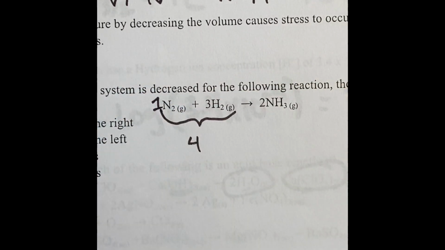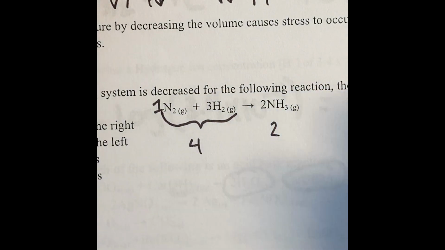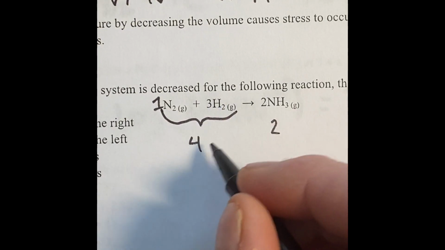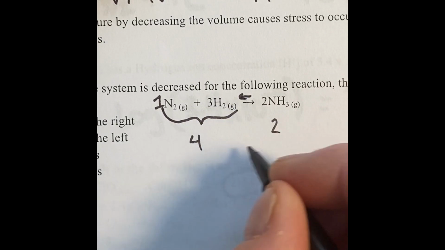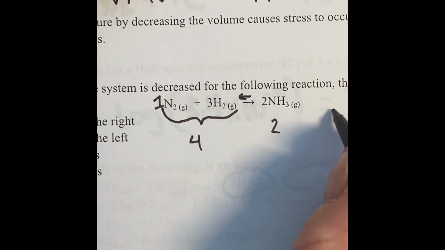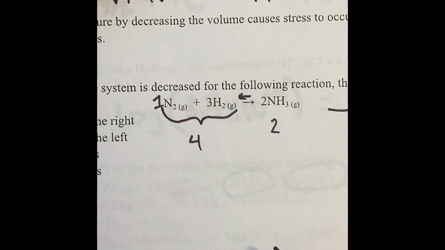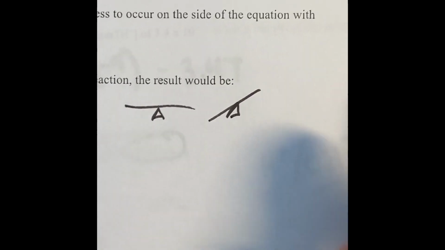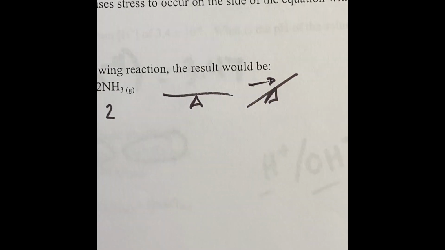There's a 1 in front of that N2, and over here we only have 2. So if we were to increase the pressure where this reversible reaction is taking place, we would stress the side with more moles. That would take our equilibrium from being balanced to being stressed on the reactant side, which would drive the reaction forward.